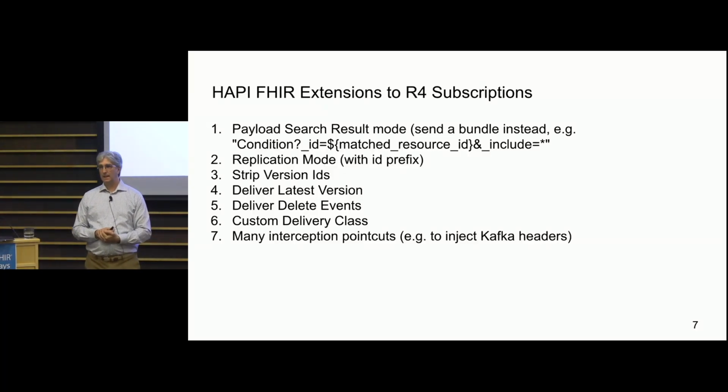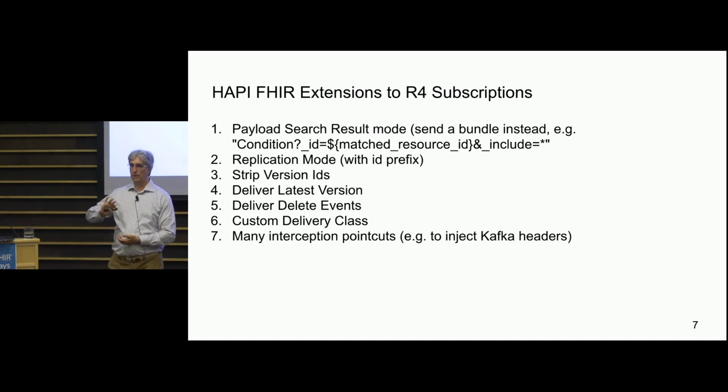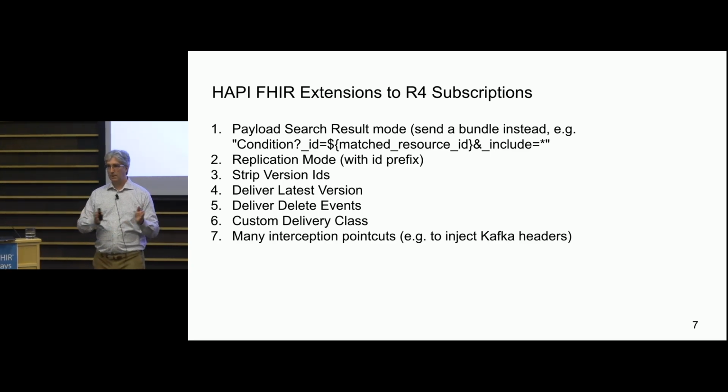One is, just to avoid complexity, we do have the option, when you're posting it to the target system, of stripping the version ID altogether. But on the other hand, there can be cases where there's a delay in delivering the message out, and you actually want to go back and get the latest version. And so we also support that as well.